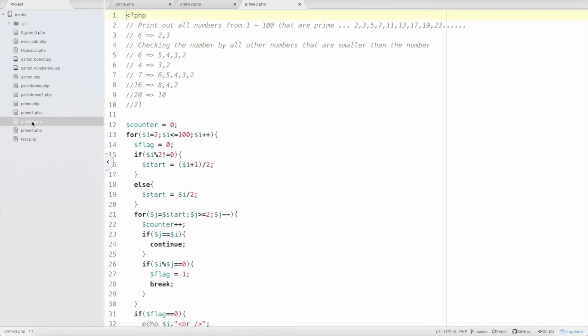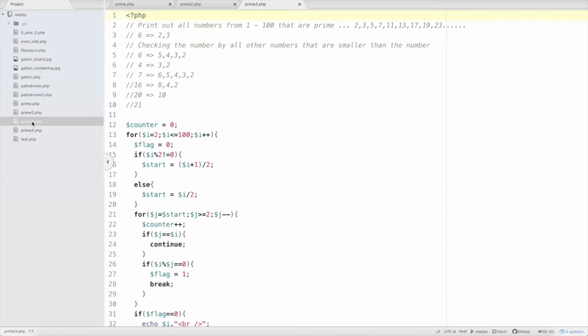In the third, what we did was we divided the numbers only by the primes. We didn't check for all of the smaller numbers, but only the primes that reach till the half of the way of the number.